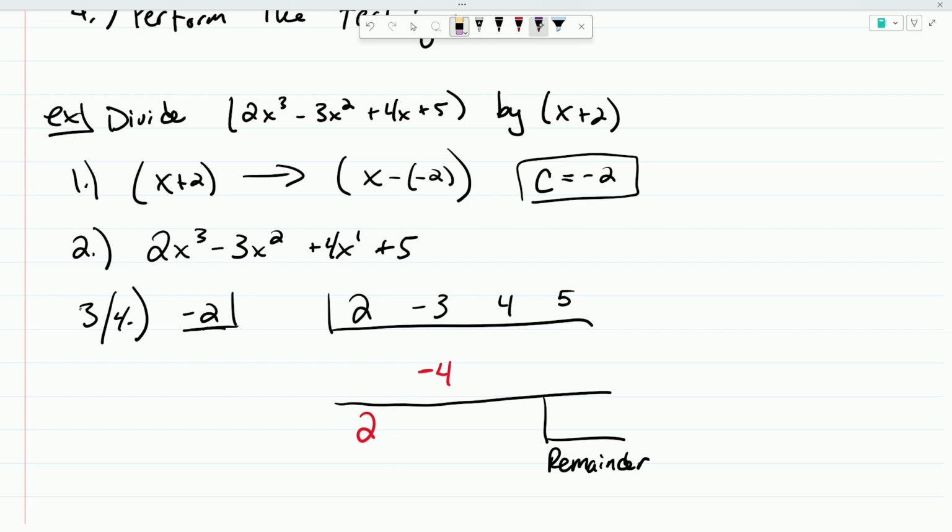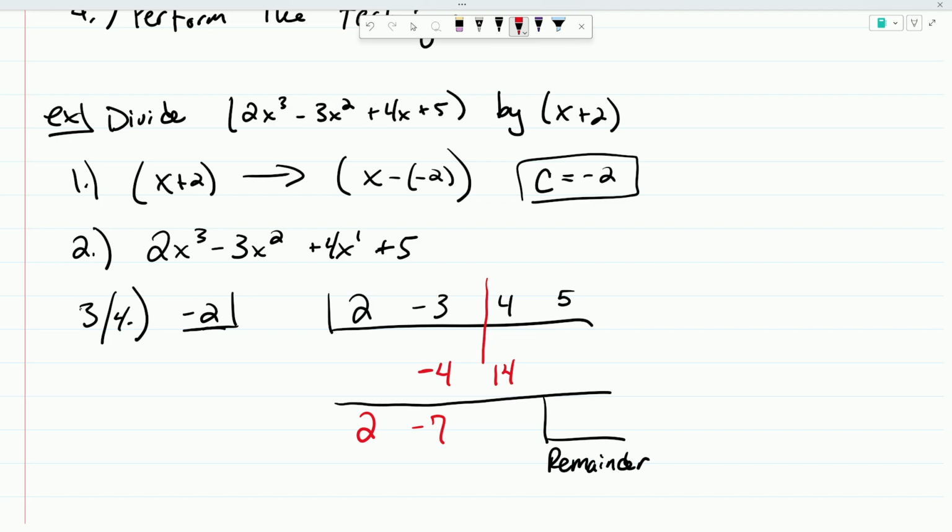The next thing we're going to do is come straight down, and we're going to add. Negative 3 plus negative 4 is negative 7. And the entire process repeats over again. Okay? So what do I mean by that? We're going to take negative 2 and multiply it by negative 7. So that's going to give me positive 14.